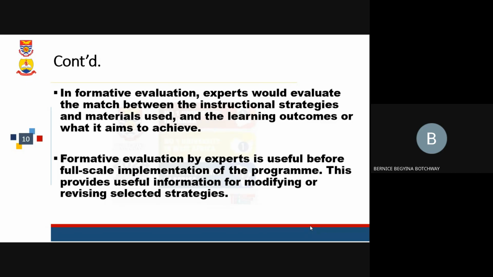Formative evaluation by experts is useful before full-scale implementation of the program. This provides useful information for modifying or revising selected strategies. So as we said, it can be used before implementing a curriculum, or it can be used when implementing the curriculum. So they use it to see how students will react to it.